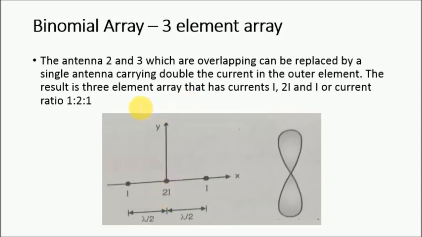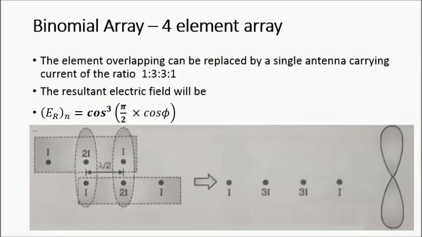So a single source carries current double that of the previous condition. Hence the 3 elements have currents distributed as 1:2:1, with separation kept at lambda by 2. In this way we can progress to the 4 element array.